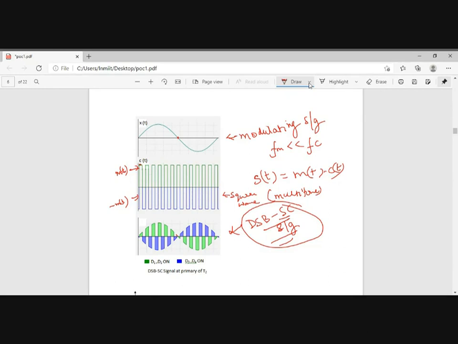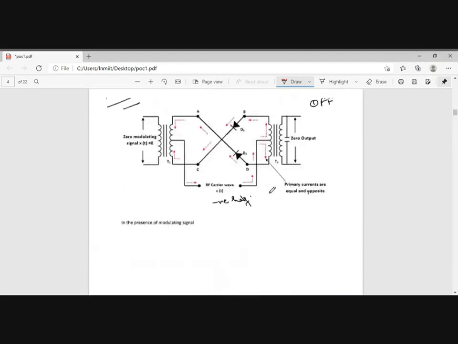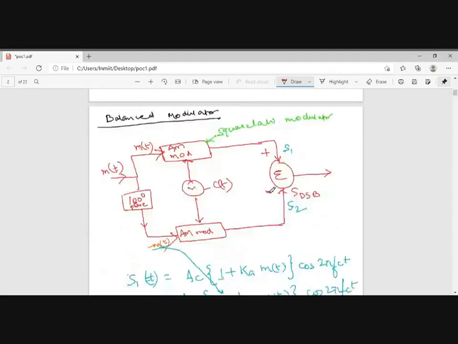Because a DSB-SC signal is when c(t) equals Ac cos(2 pi fc t), but this is a square wave. I cannot represent this square wave as Ac cos(2 pi fc t). Do you agree with this or not? Yes, sir.